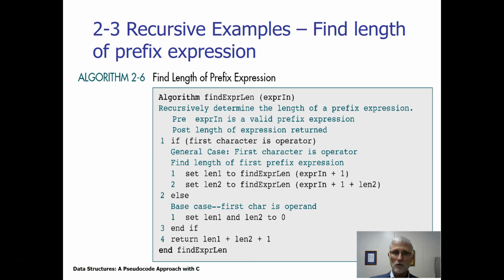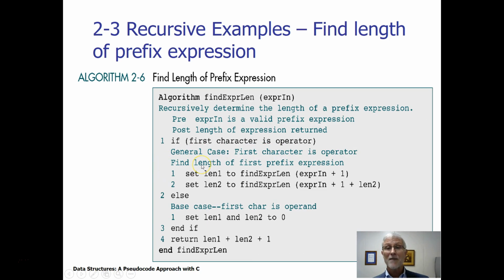But being just an algorithm, we're going to make some assumptions that as a programmer, you would then question: how do I know it's a valid routine? Now, in some cases, you're going to say, okay, what is the first case? The first character, if the first character is an operator. So in the general case, that first character has to be an operator because it isn't broken down any finer.